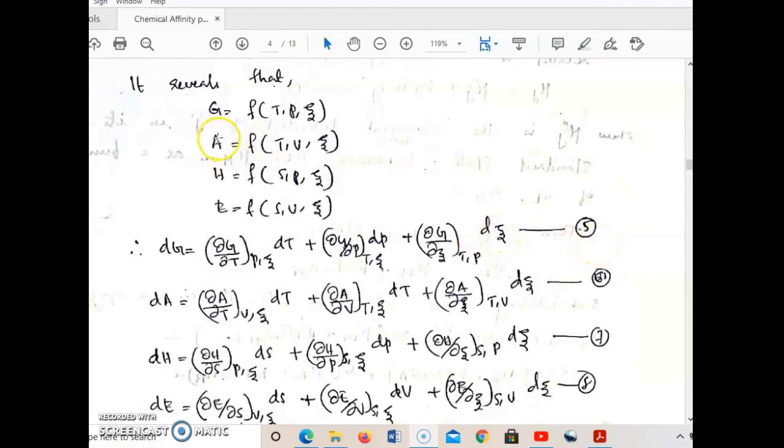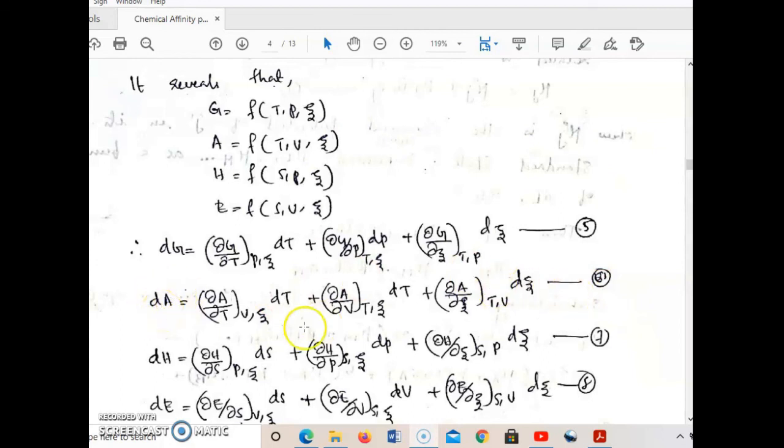Similarly, we can find out the total differential for Helmholtz free energy A. dA is equal to dou A by dou T at constant volume and theta dT plus dou A by dou V at constant temperature and theta dV plus dou A by dou theta at constant temperature and volume d theta. That is the expression for change in Helmholtz free energy dA.